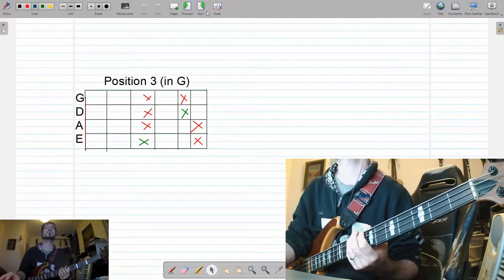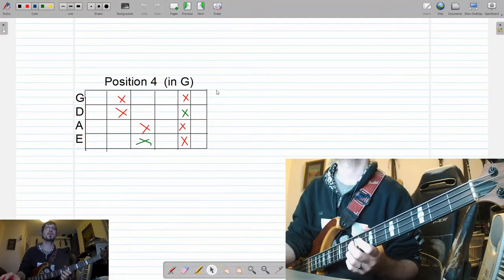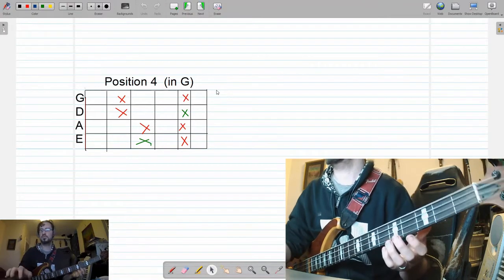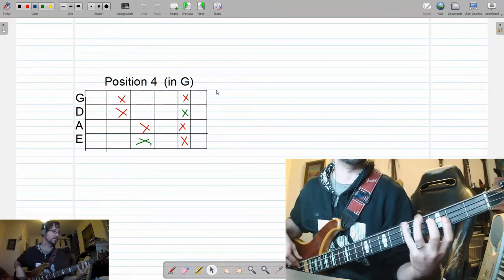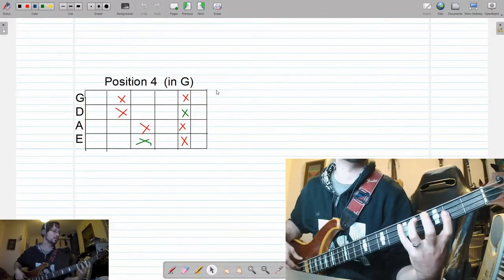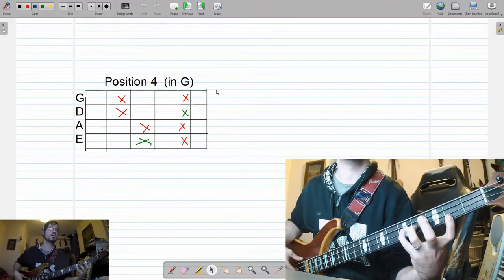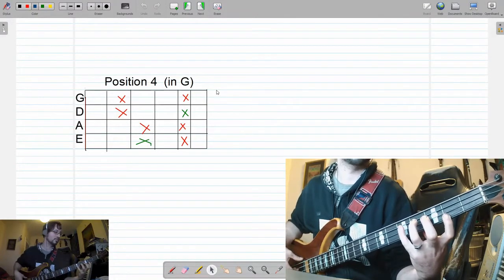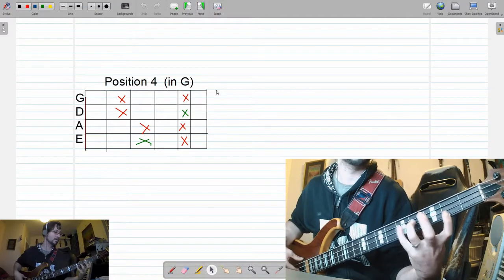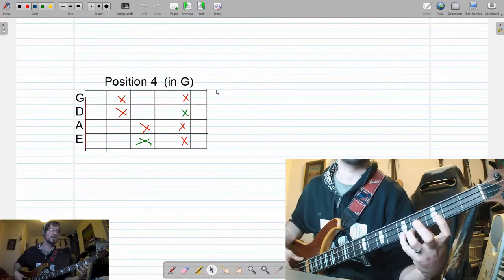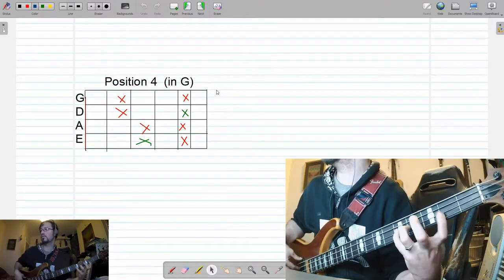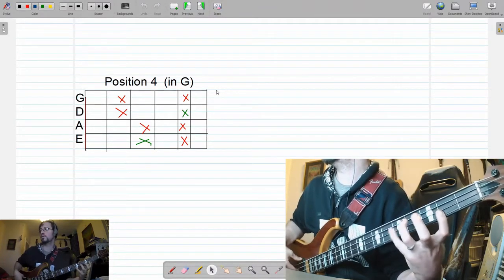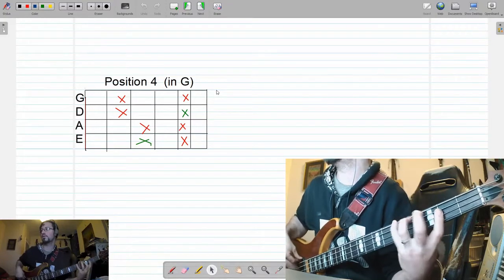The next position we're looking at, so in G, it's got those 2 on, so 2 5, 2 5, and then 3 5, 3 5.